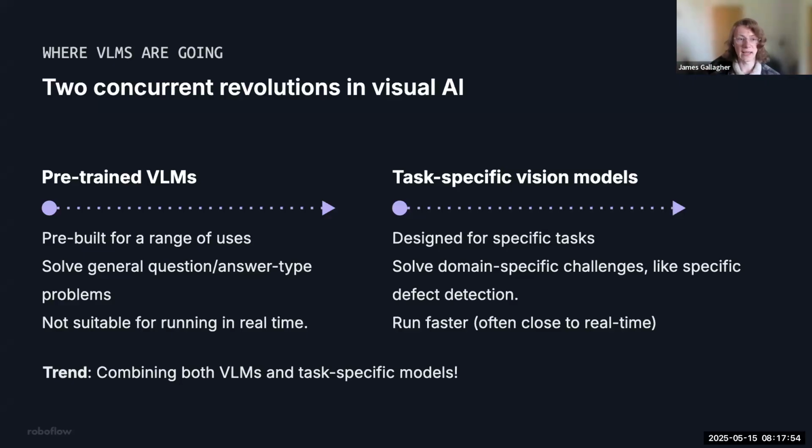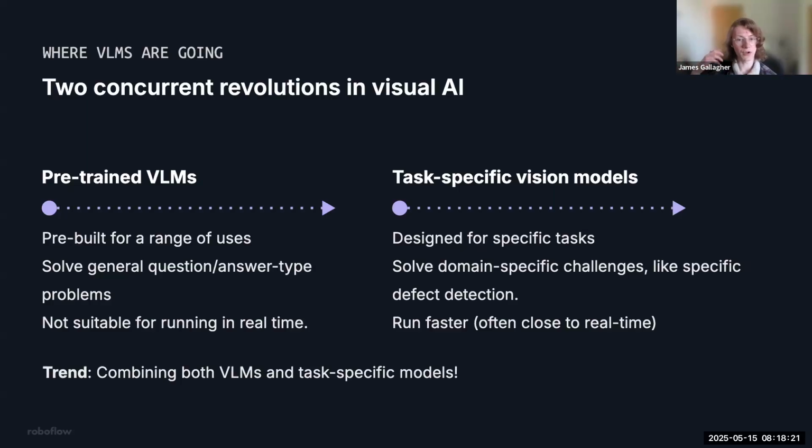That was groundbreaking in that user experience sense of, wow, a language model can deal with vision too. But the history is much longer. Today, these models are getting better, more accurate, and able to cover more tasks. With that said, they're not really suitable for running in real time. As we saw, response times can be a few seconds for some of these general question answer type problem statements.